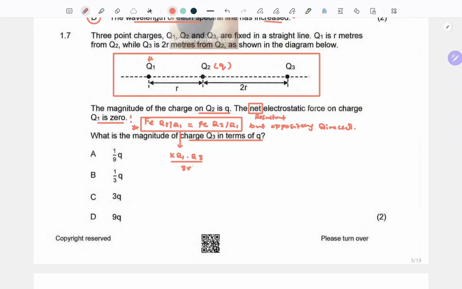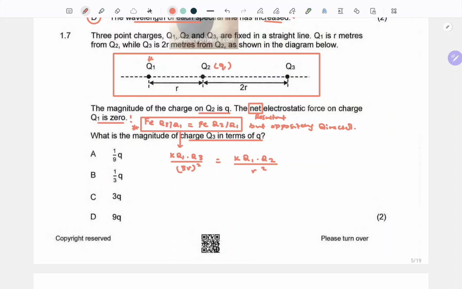So this is going to be 3R all squared, isn't it? Because the distance between Q1 and Q3 is going to be R plus 2R. Then this is going to be equal to K Q1 times essentially Q2, all divided by, what's the distance between them? It's just R squared.